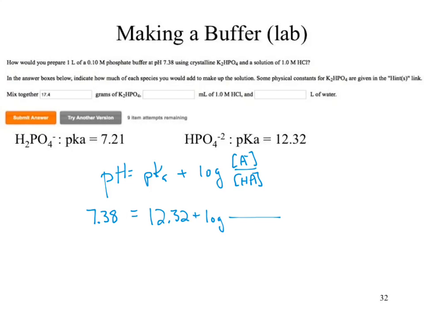What's HA? What's A minus? It's again tricky. Oops.